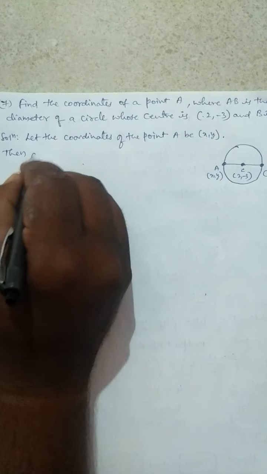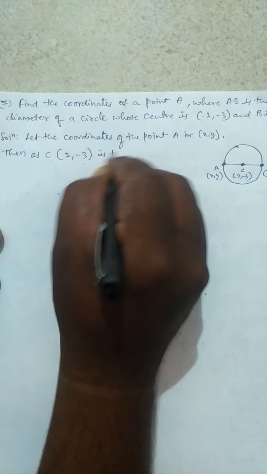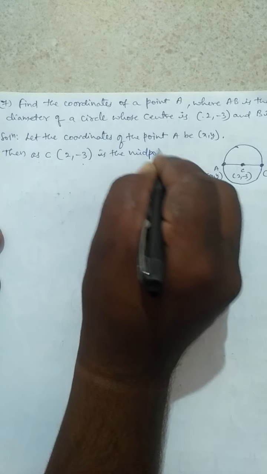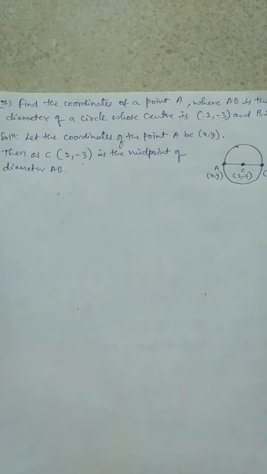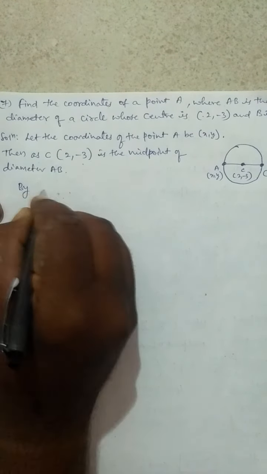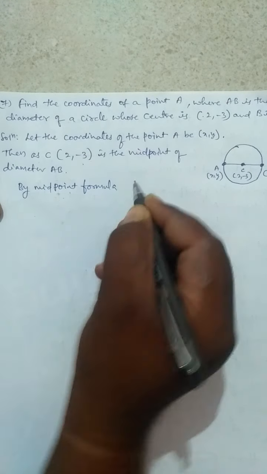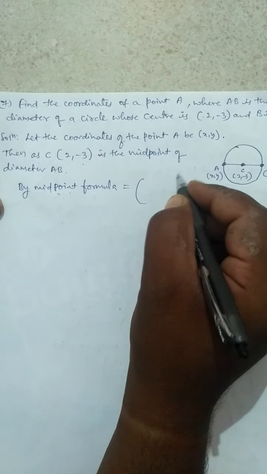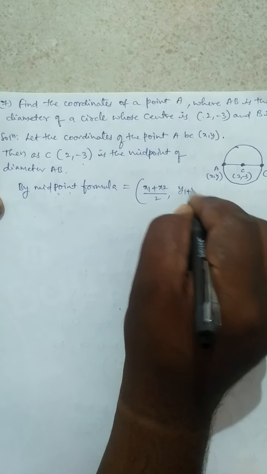Then C, the center point (2, minus 3), is the midpoint of diameter AB. Here by the midpoint formula, what does the midpoint formula say? If you want to find the midpoint of any two coordinates, then (x1 plus x2)/2, (y1 plus y2)/2.